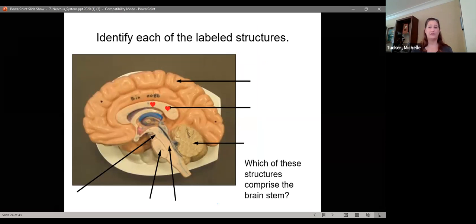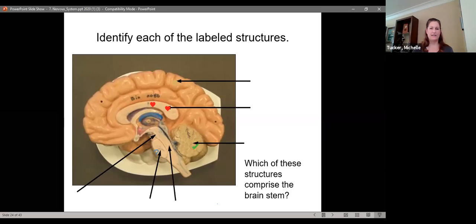It's the folded area. Yep, there you go. And then a check mark on the arbor vitae of the cerebellum, and a question mark on the pons. So the pons is kind of, yep, there you go.